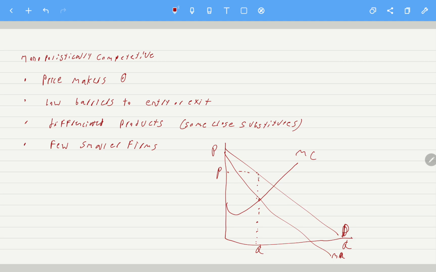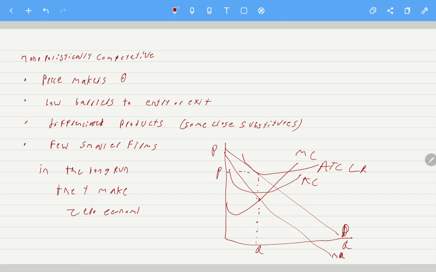Now, their ATC is the same, but in the long run, the ATC, let's just say ATC LR, they make zero economic profit.